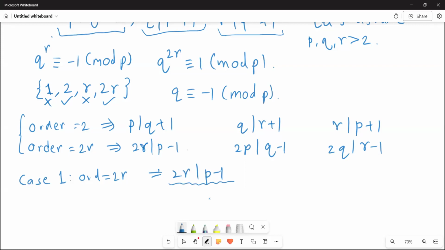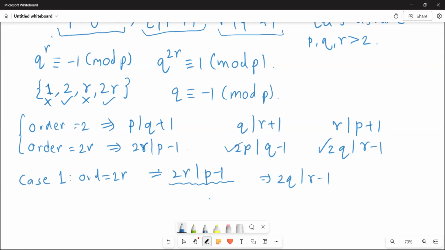Okay. If 2r divides p minus 1, clearly r can't divide p plus 1, right? Otherwise, r has to be 2. And we are assuming r is greater than 2. So in this case, this has to be satisfied. So this will also imply 2q divides r minus 1. And if 2q divides r minus 1, again q can't divide r plus 1 because q is greater than 2.